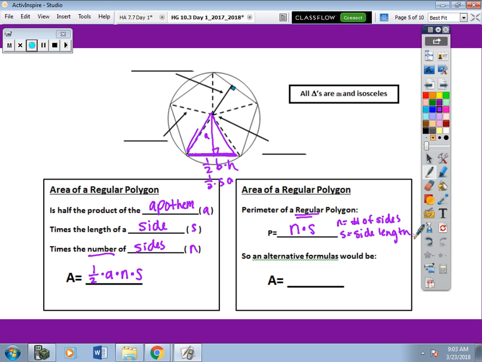So an alternative form of this formula, if n times S is equal to P, you can actually say that the area is 1/2 A P.